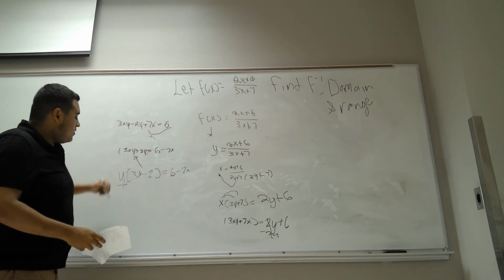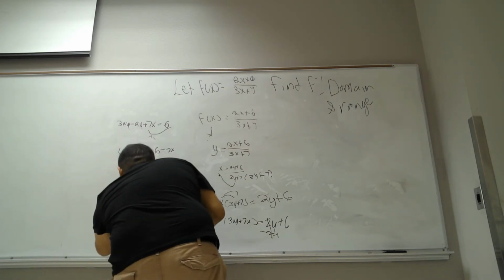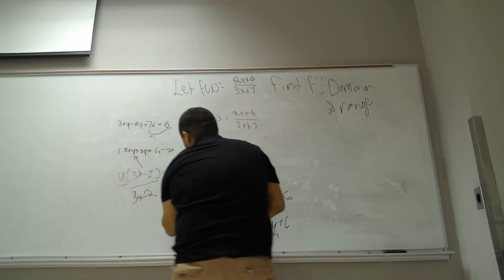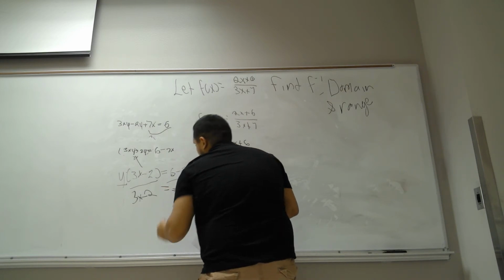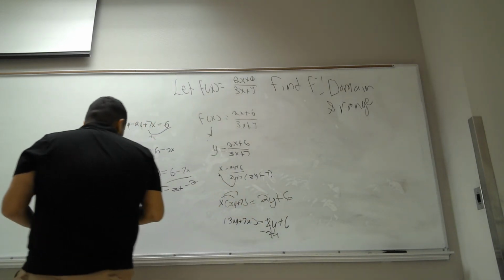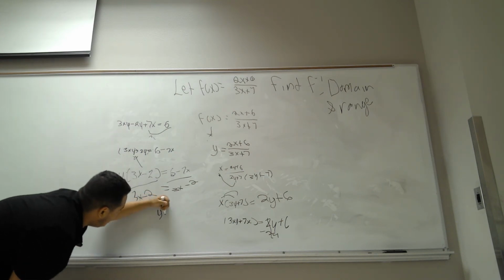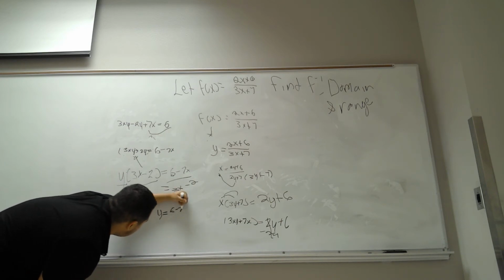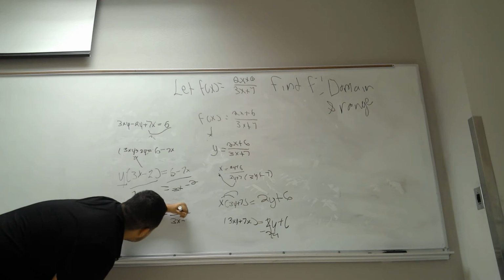Now to proceed from this, you want to divide by 3x minus 2. And the end result for this would be y equals (6 minus 7x) over (3x minus 2).